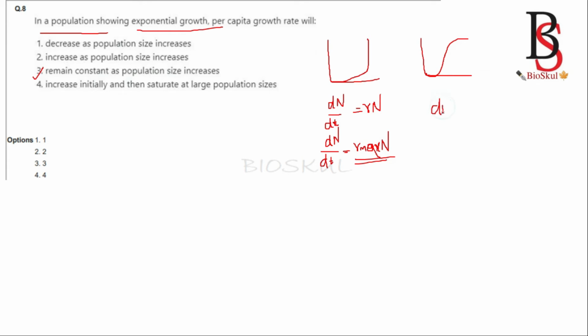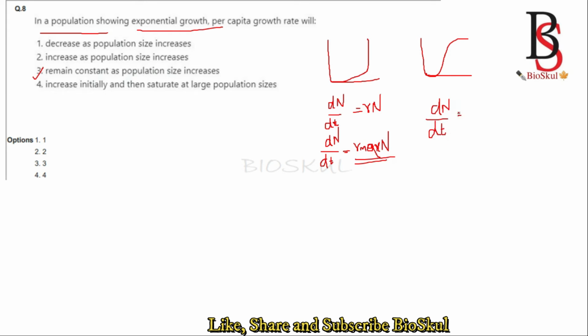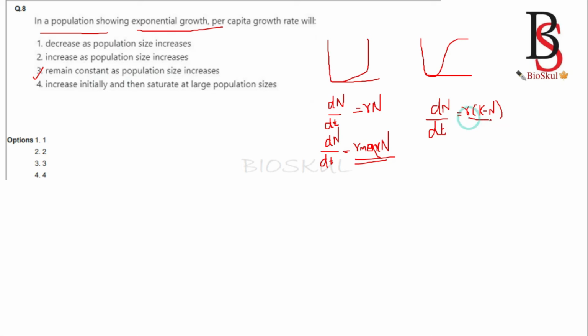And the formula will be dN divided by dt equal to r multiplied by (K minus N) divided by K, multiplied by N, where K is the carrying capacity. So if it is exponential growth, the formula will be like this, where if the population grows exponentially, then the per capita growth rate will remain constant.